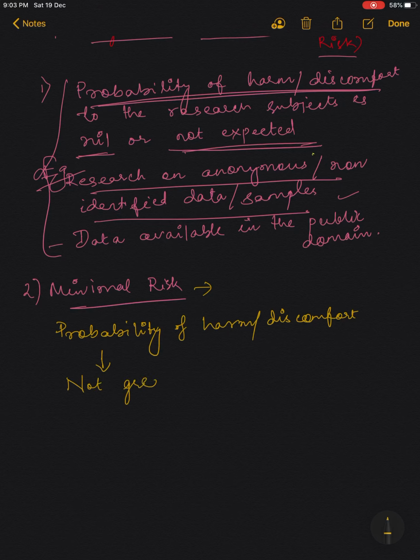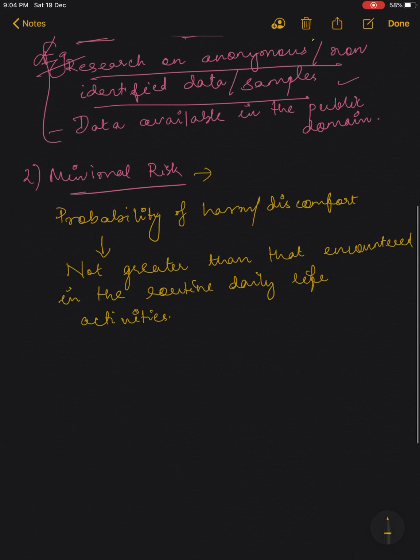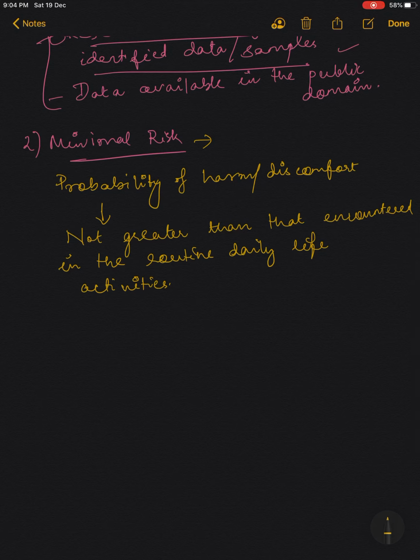So, what are the routine daily life activities of an average healthy individual?